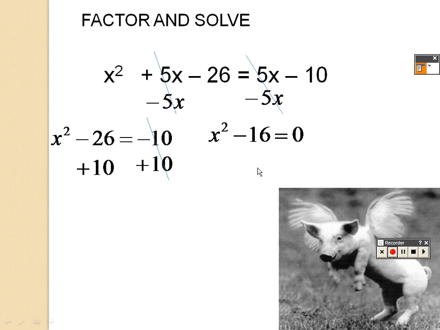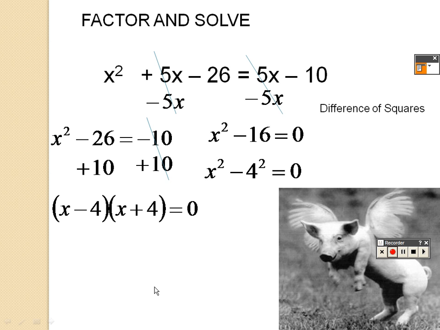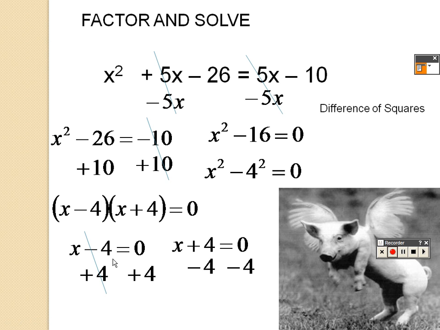So this becomes a 4 squared. According to the formula for difference of squares, my base is an x and my base is a 4. So it's x minus 4 and x plus 4. So x minus 4 equals 0 and x plus 4 equals 0. So add 4 to both sides. I get x equals 4 and x equals negative 4 as my answers.